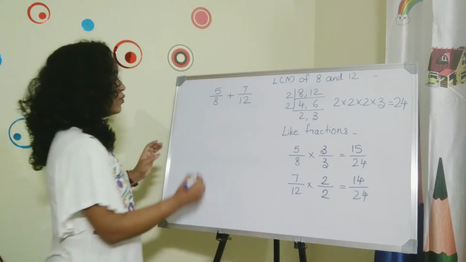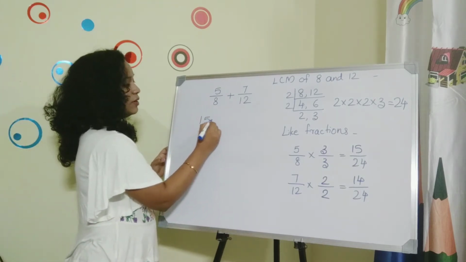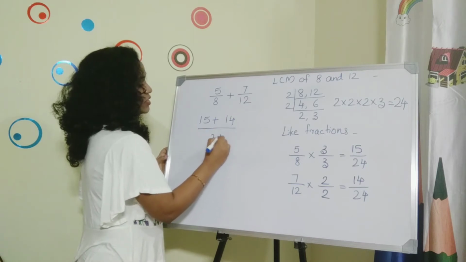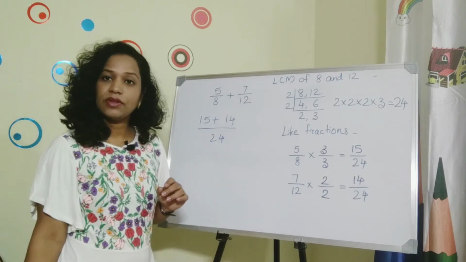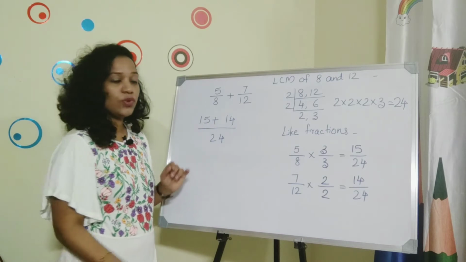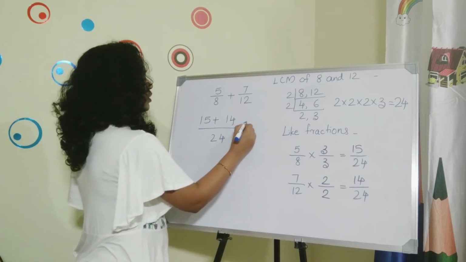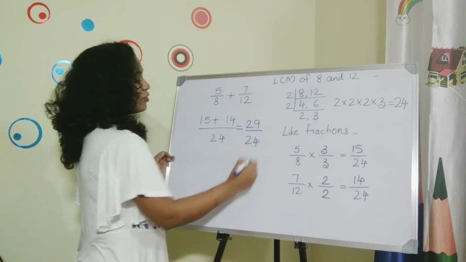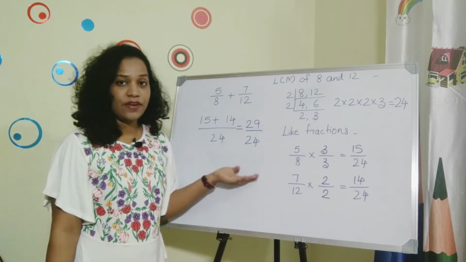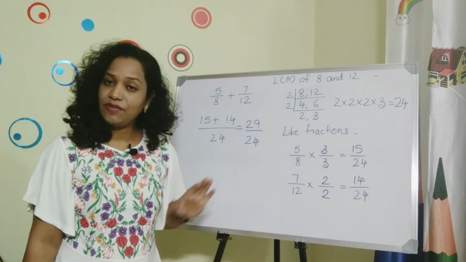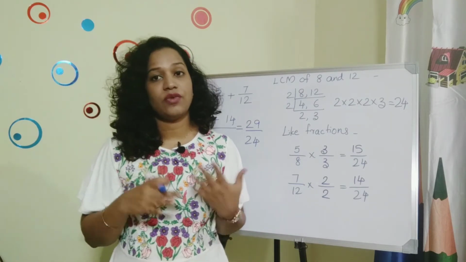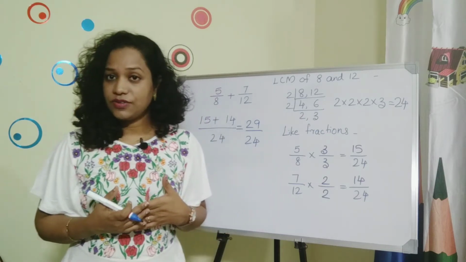We can add now easily 15 plus 14 by 24. Okay. What is 15 plus 14? 15 plus 14 is 29 by 24. This is an improper fraction. So we can never write our answer in improper fraction. We have to convert it into mixed fraction.